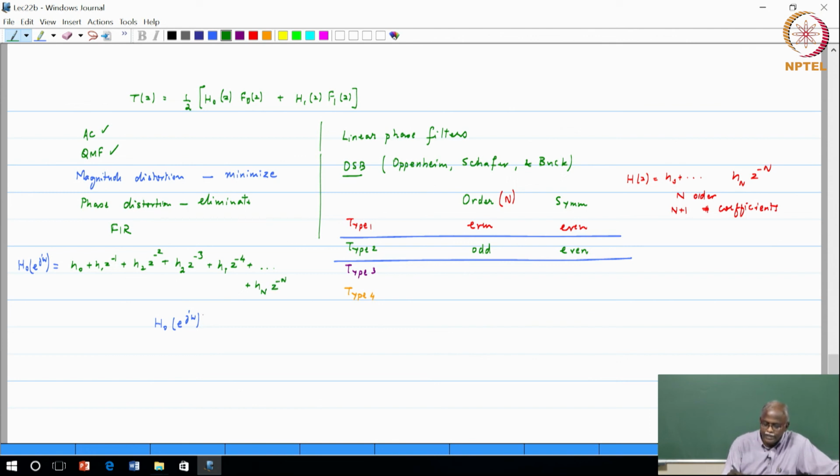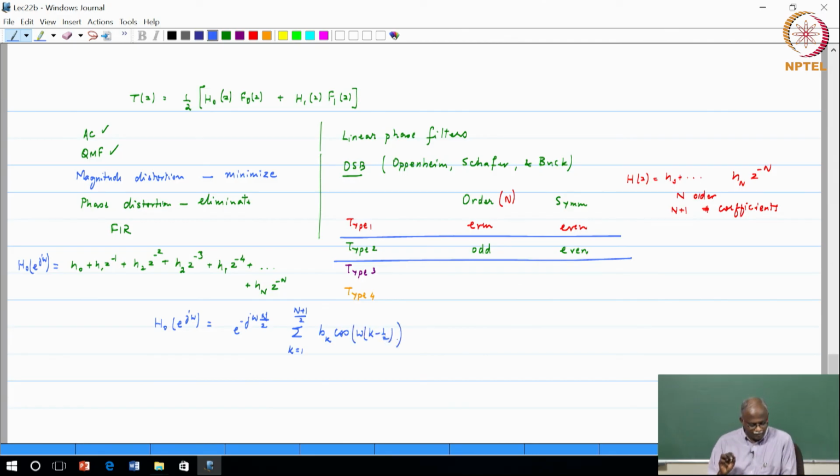So H0(e^jω) in this case can be written as e to the power minus jωn by 2, summation k equal to 1 ... This is not as important, but if you have a doubt, please look it up in Oppenheim and Schafer. This would be bk cosine ω(k minus 1/2).